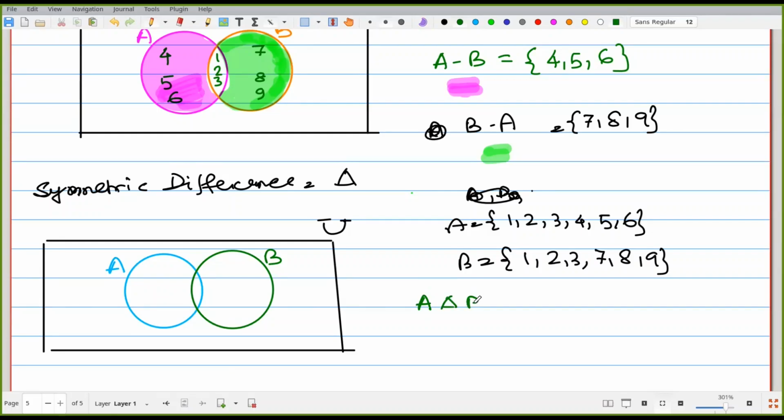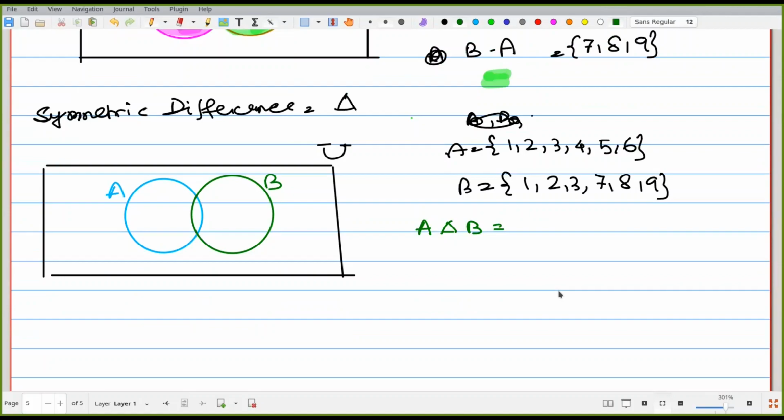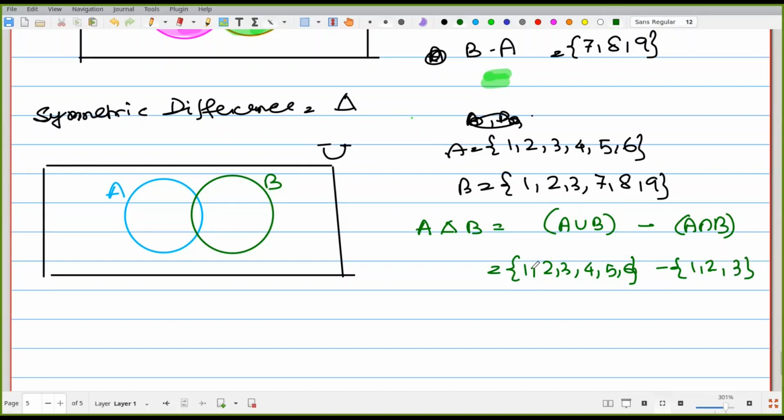A symmetric difference B means A union B minus A intersection B. So that is 1, 2, 3, 4, 5, 6, sorry, that should be 7, 8, 9 also here, minus 1, 2, 3.